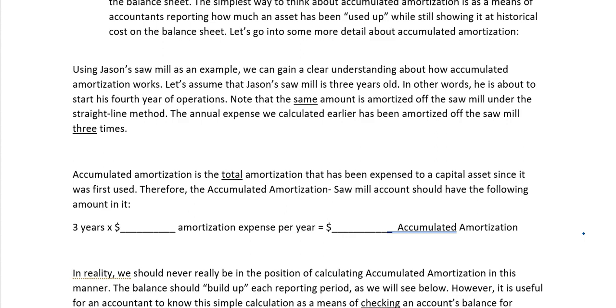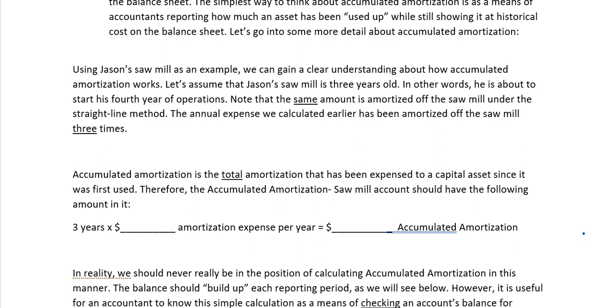The annual expense we calculated earlier has been amortized off the sawmill 3 times. So we have the annual expense for the sawmill, which was $50,000 per year, and if we use that sawmill for 3 years, we'll have that $50,000 being amortized each year.